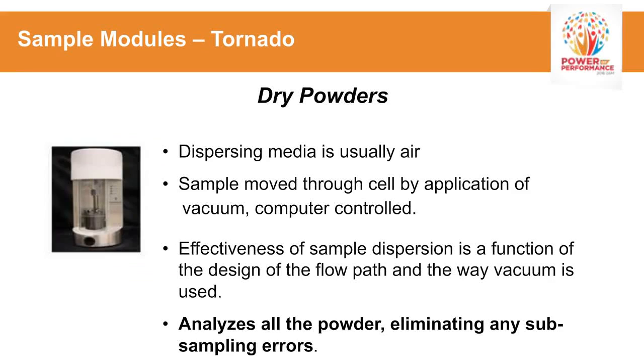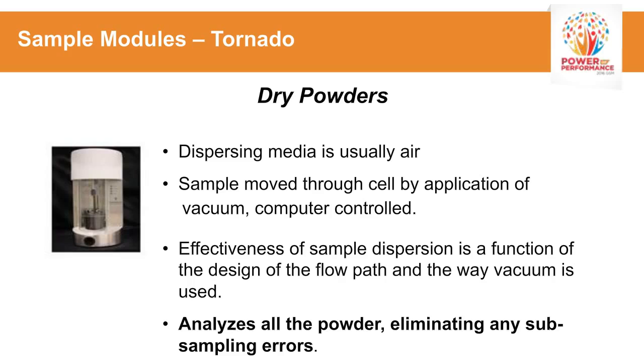Most people are starting to go to the dry powder systems because of their ease of operation. There is no sample prep. You're taking the powder directly, or a representative sample, and you're placing it in what looks like a small graduated cylinder, and placing that in the sample module.